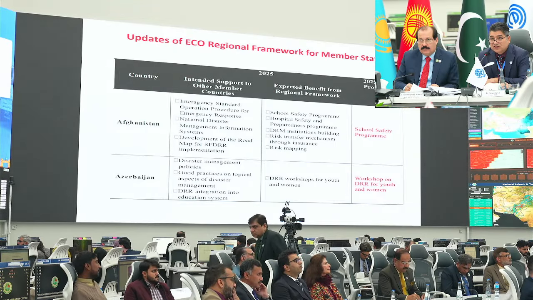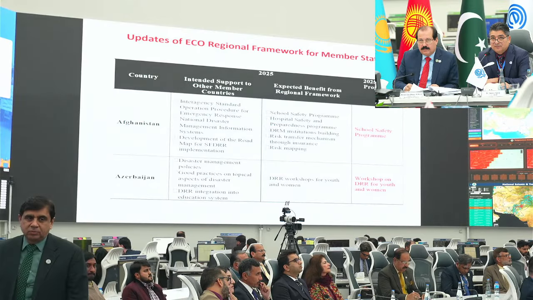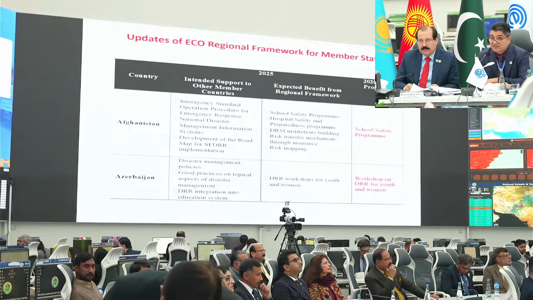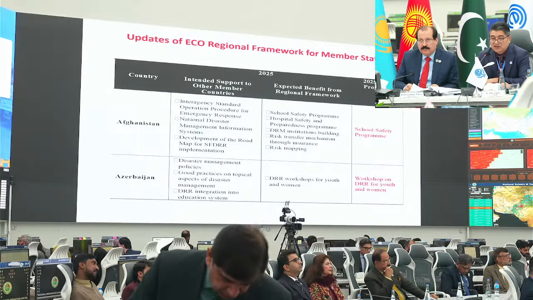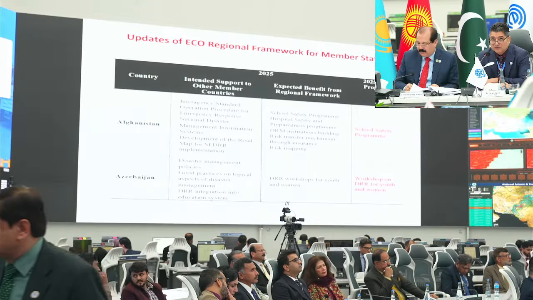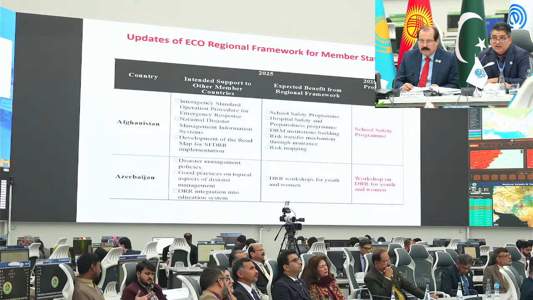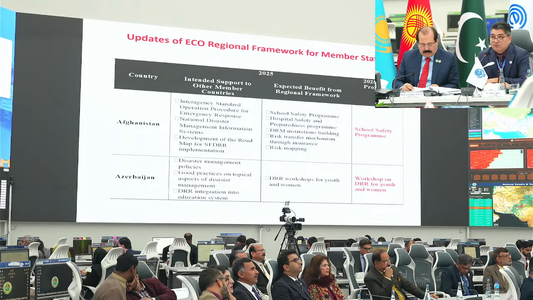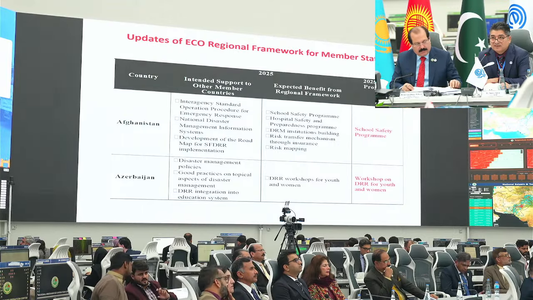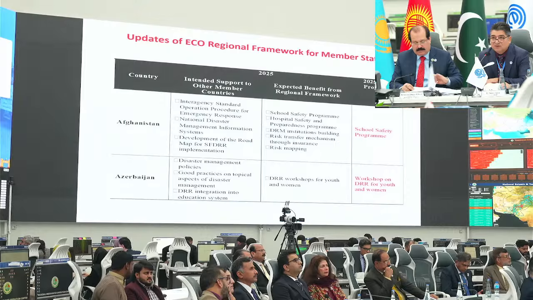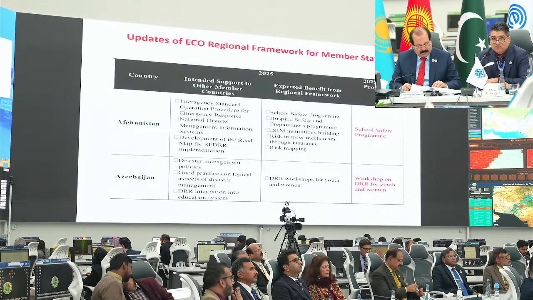Our expectation is that we would like to hear from our esteemed member states in which activity they would like to be involved for the next 5 years. As an example, we wrote these red items. For example, Afghanistan may say that we would like to be more active in the school safety programs.